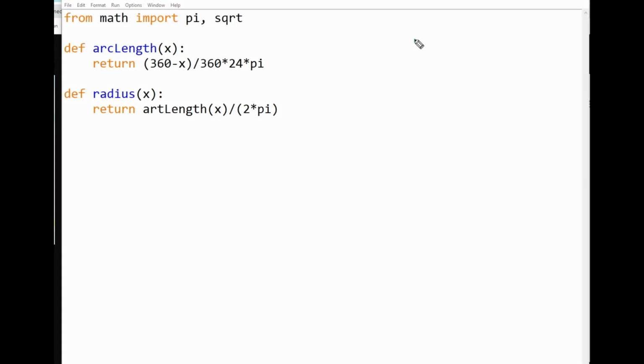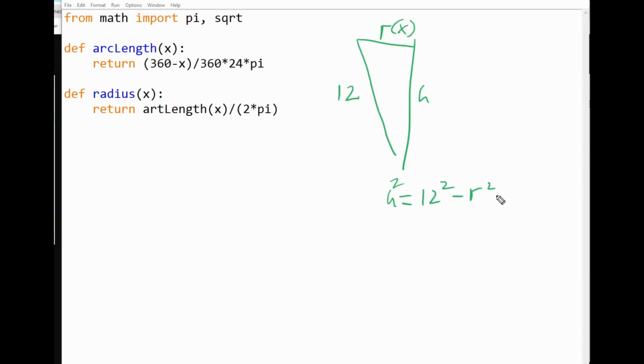Let's see. Let's put the cone right way up. We know now that this is 12, this is the radius, and this is the height, right? So the height squared is going to be 12 squared minus r squared. So the height is going to be the square root of 144 minus r of x squared.